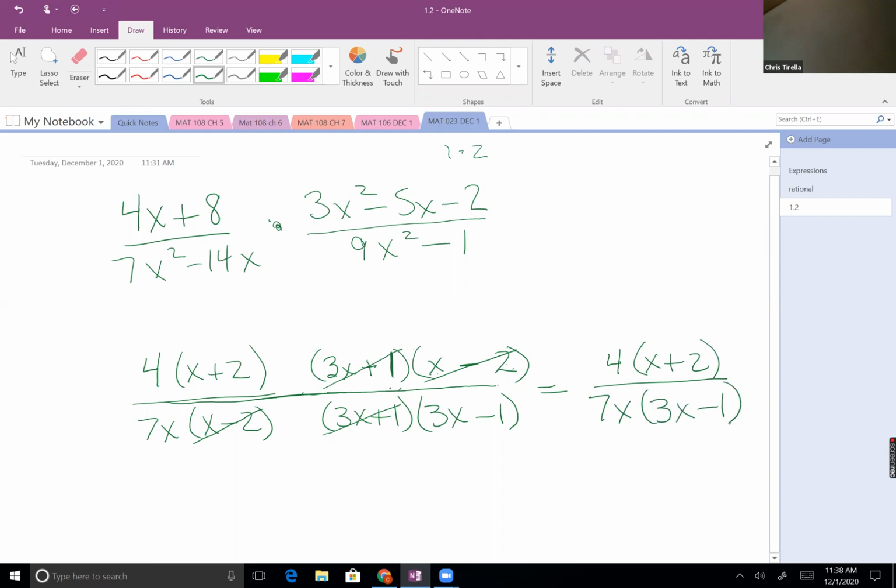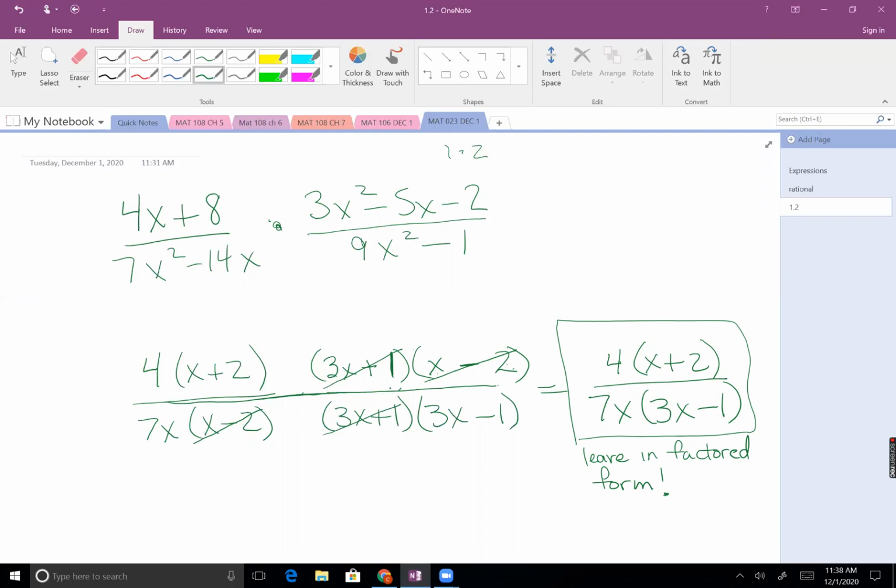And a lot of times with these, you're fine stopping there. A lot of times the directions will let you leave the result in factored form. All right?